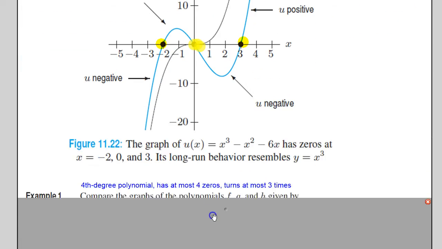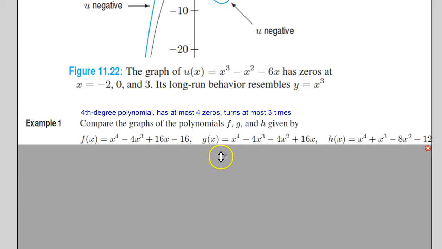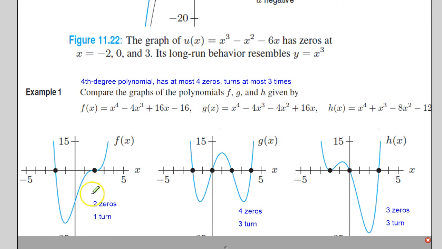Looking at the very first example we talked about, with the fourth degree polynomials, we had 3 different functions, f, g, and h. Even though f was a fourth degree polynomial, which means it has at most 4 zeros, this one actually has only 2, whereas g has exactly 4, and h has exactly 3. So it does support that it has at most 4 zeros, and then it says it turns at most 3 times.